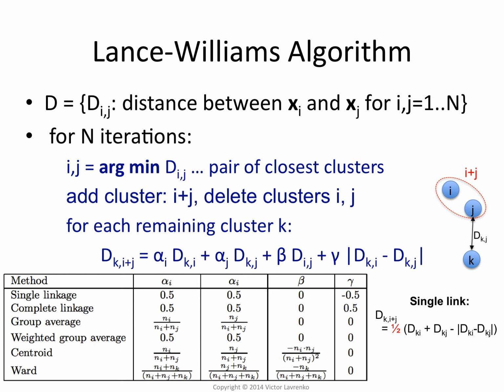Now, the distance here, dki minus dkj, I'm subtracting the smaller number from the bigger number, or the bigger number from the smaller number. It doesn't matter because I'm taking the absolute value. So I have a big number, dki, and a small number, and I'm subtracting the difference between big and small. So I take the big number, I subtract from it the difference between the big and the small. What am I going to get?